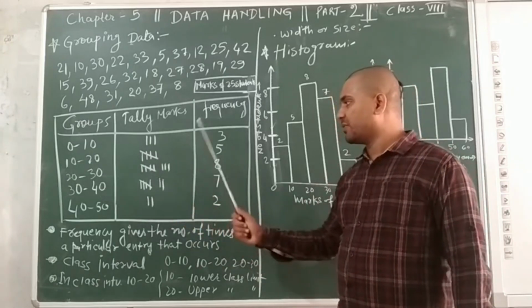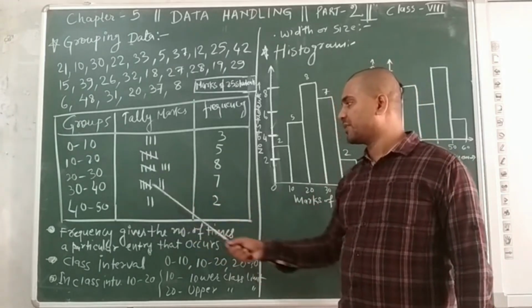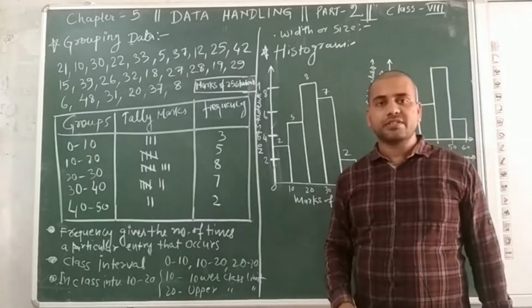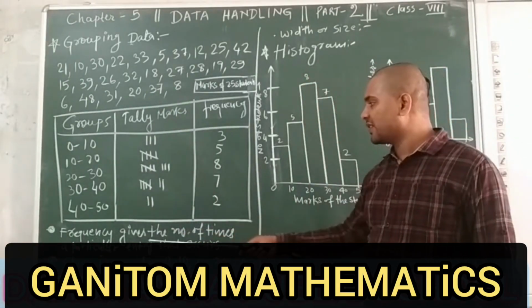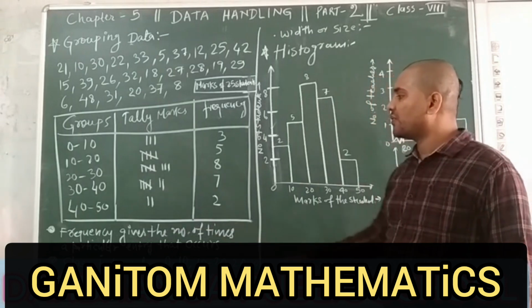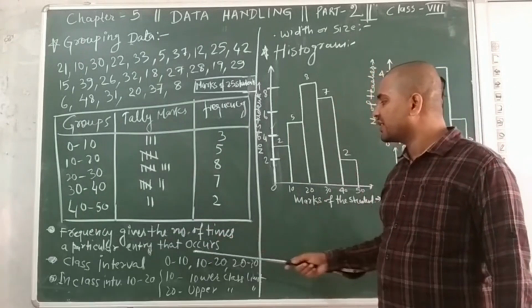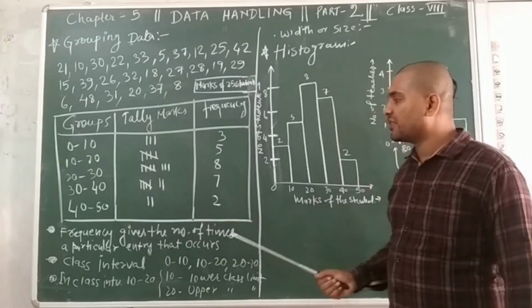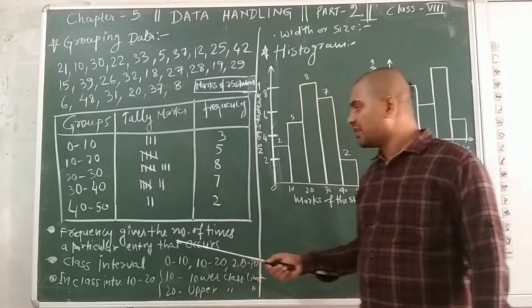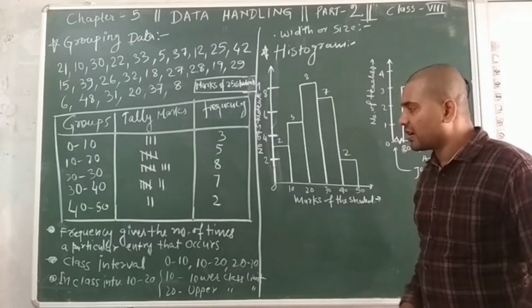Similarly for 30 to 40 we will count and write, and for 40 to 50 we will count and write. This is frequency. Again I will define: frequency gives the number of times a particular entry occurs.